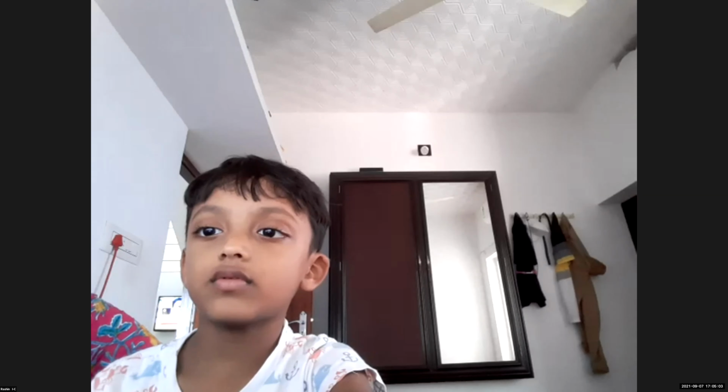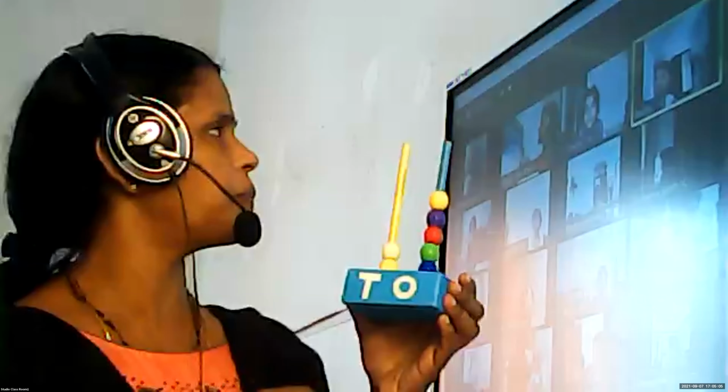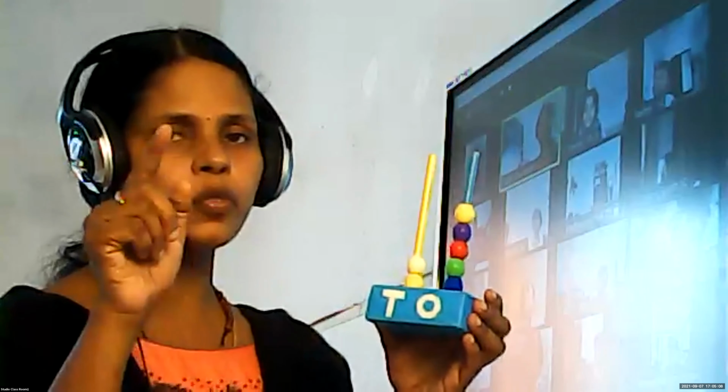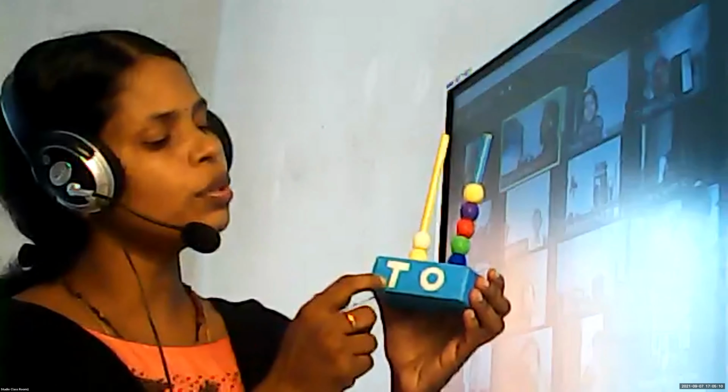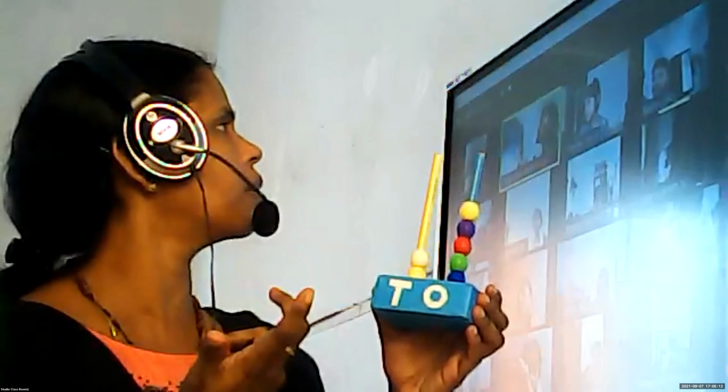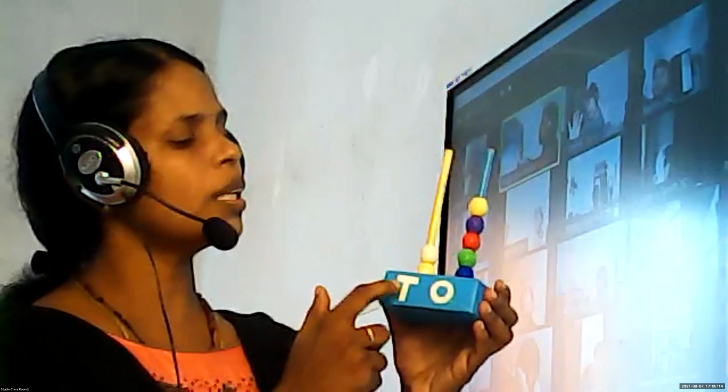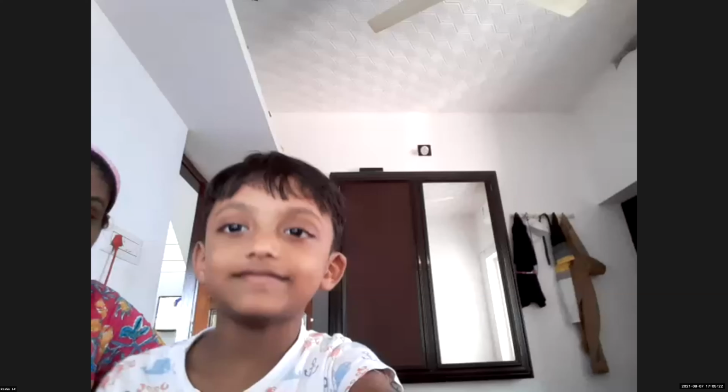So there are 5 beads on the one space. That means 5 ones. So 2 tens and 5 ones. What's the number, Rashid? 25. Now you understood? Yes.